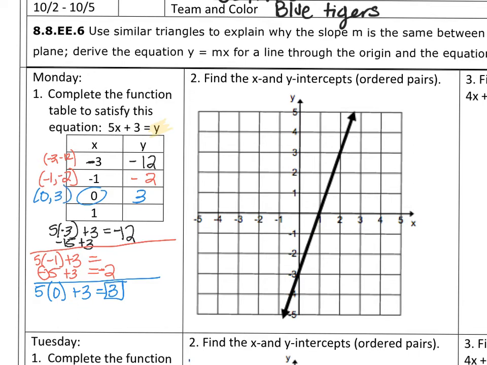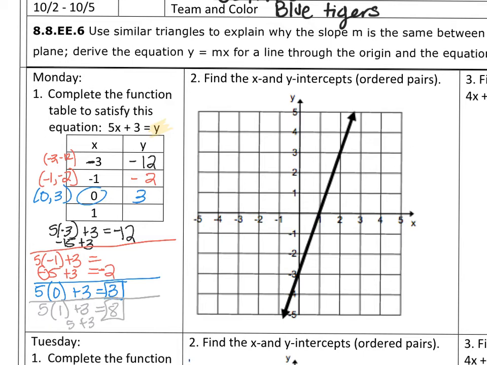Now my last value that I'm going to plug in is going to be 1. So I have 5 times 1 plus 3 equals, 5 times 1 is 5, 5 plus 3 is 8.